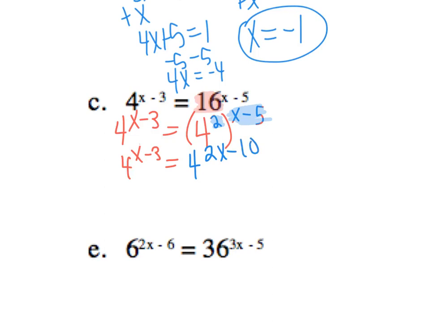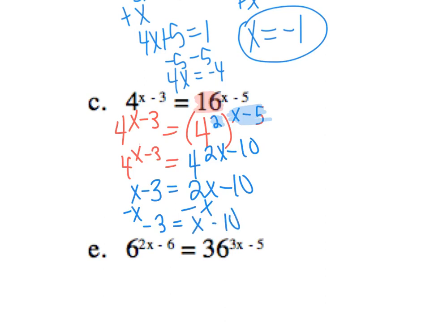All I did was multiply 2 times x minus 5. Now we have a problem where our bases are the same, so we can set our exponents equal to each other. So we'd have x minus 3 equals 2x minus 10. Again, I'm going to subtract x from both sides. This is just solving an equation. Negative 3 equals x minus 10. If I add 10 to both sides, I get x equals 7.